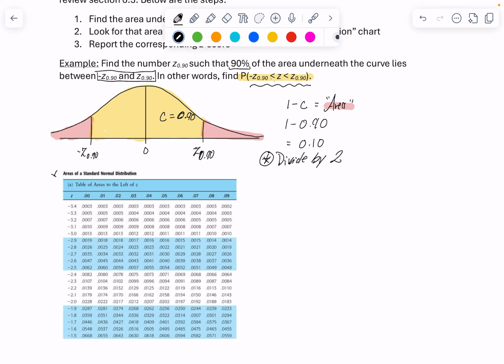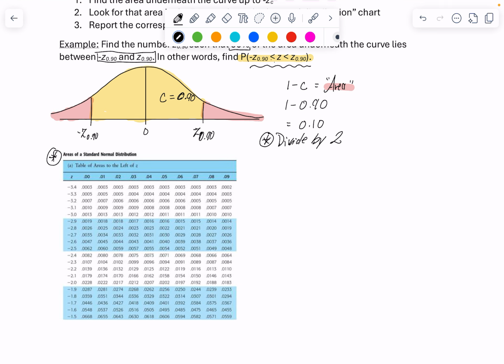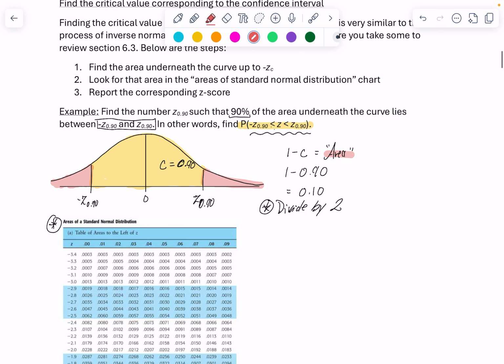Because when we're looking at the area of the standard normal distribution, that's going to tell us the area to the left of a boundary. And if we're considering the area underneath the curve up to negative z sub c, we're only looking at this part, boxed in green. This other red area is going to be excluded from our calculation, which is half the area that we just found.